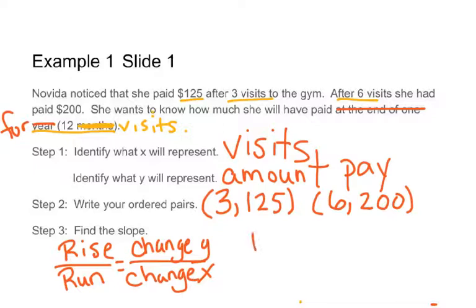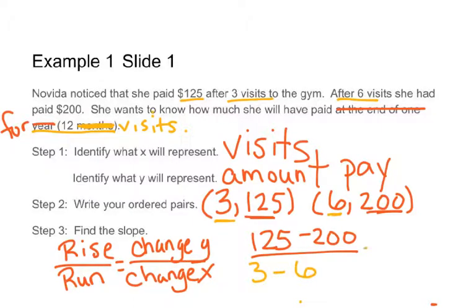So on top, I'm going to take my 2 Y values, which are 125 and 200, and subtract them. I'm going to take my 2 X values on the bottom and subtract those. And that's going to give me negative 75 over negative 3. And if I divide those 2 numbers, I get 25. So I have found my slope.